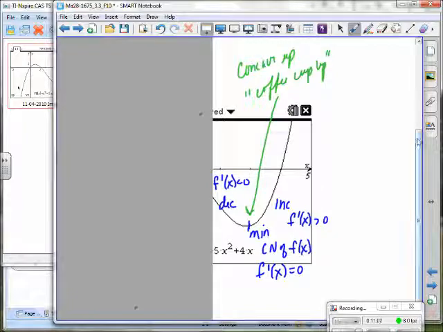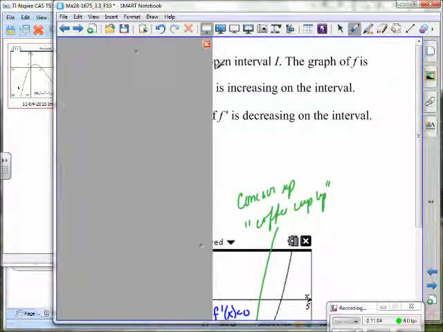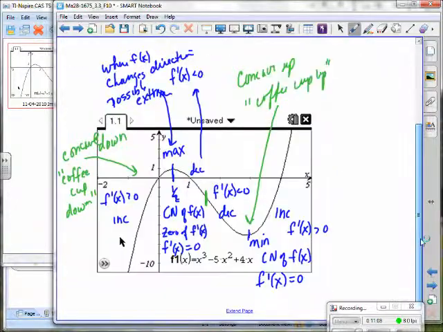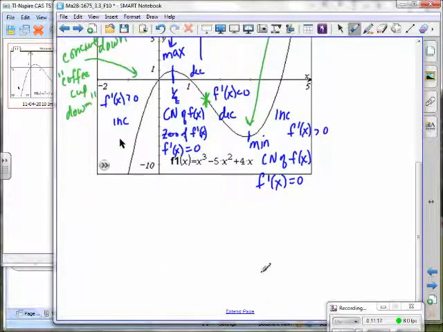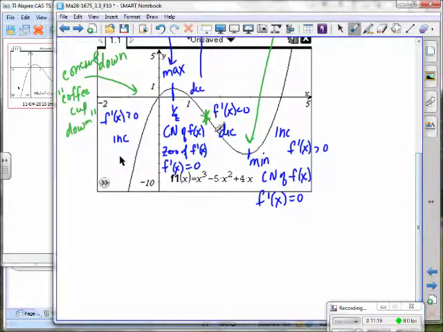Now, what's interesting then is that this is the same curve as we just saw. It's the very same curve, and there is some point right here, some point where what happens? At this point, what's happening on the curve?